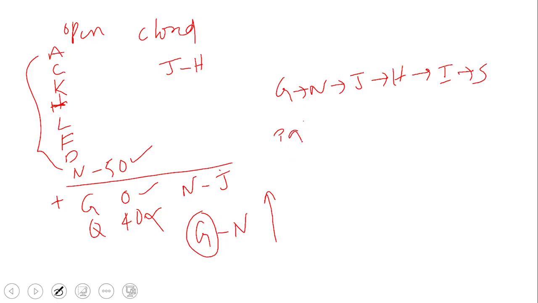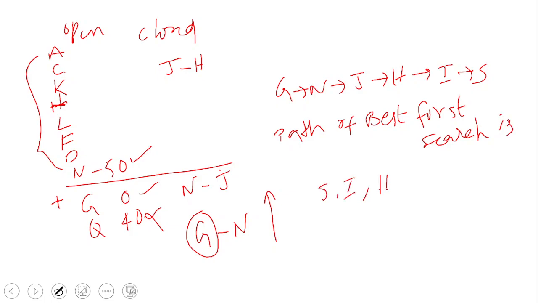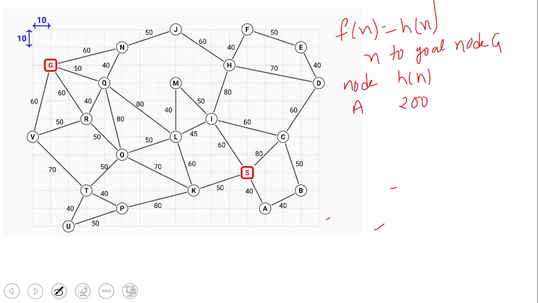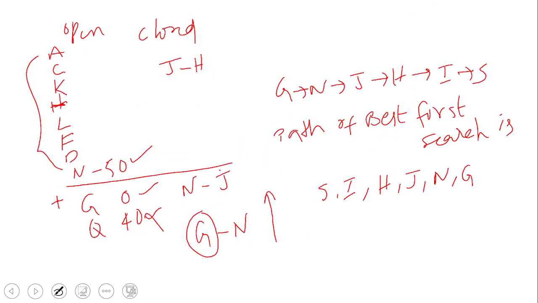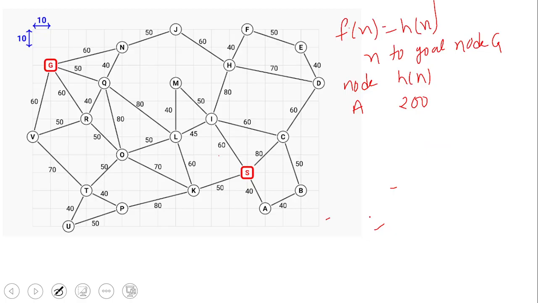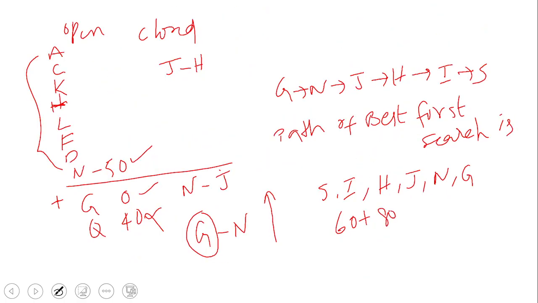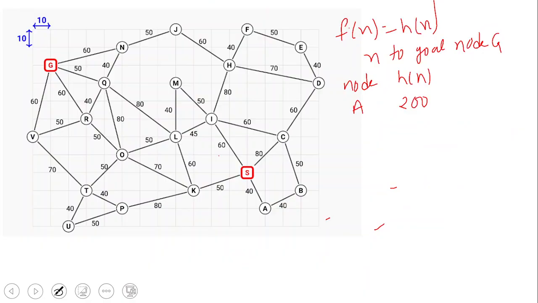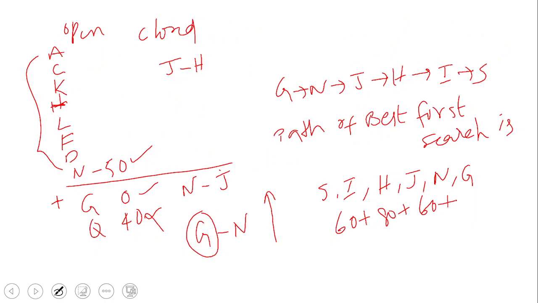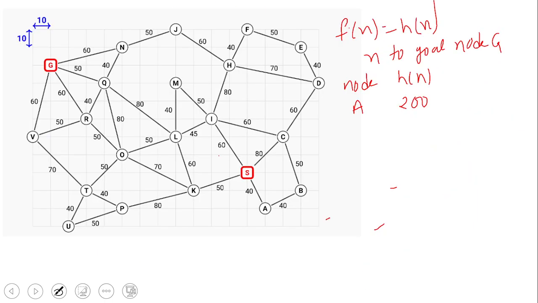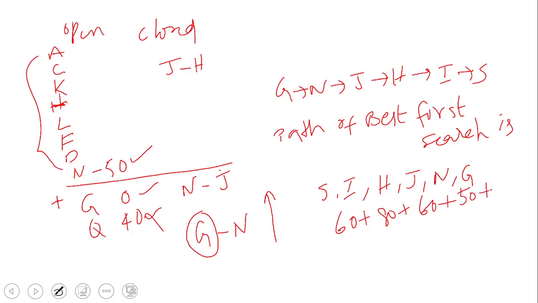Now write in the reverse order. So the path of best first search is S, comma I, comma H, comma J, comma N, comma G. So for calculating the path cost, list out the values from S to I. So S to I is 60, plus I to H is 80, plus H to J is 60, plus J to N is 50, plus N to G is 60.